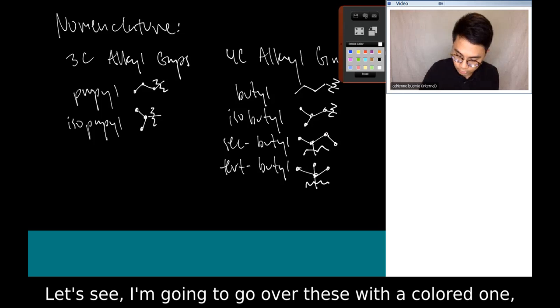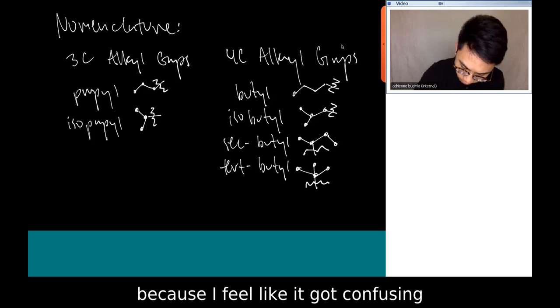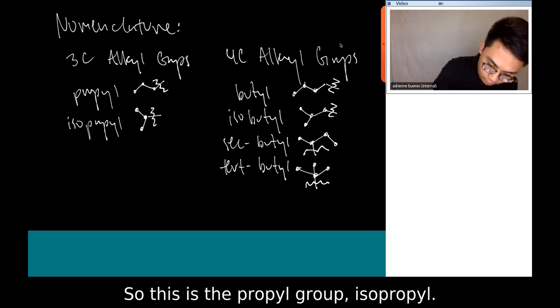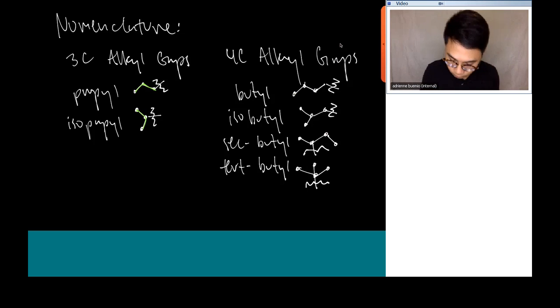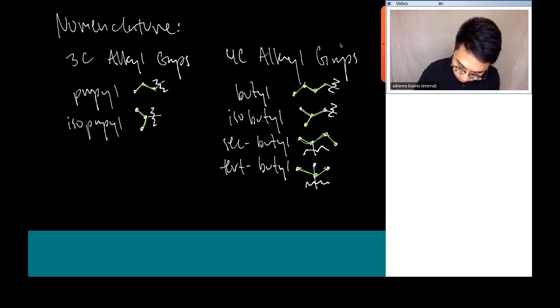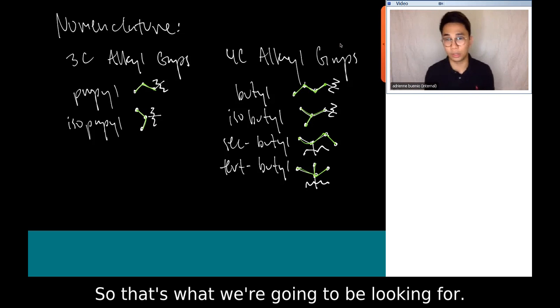I'm going to go over these with a colored pen because I feel like it got confusing with the little wiggly line. So okay, this is the propyl group, isopropyl, and the butyl, isobutyl, sec-butyl. Okay, so that's what we're going to be looking for.